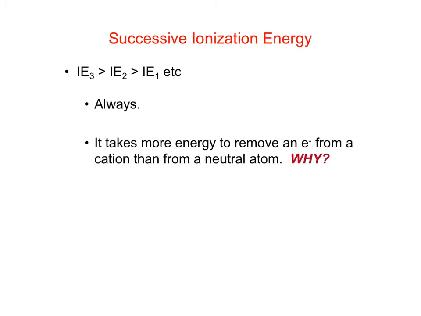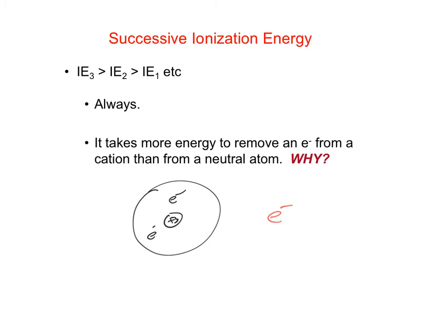So let's do something easy like lithium, something small. Lithium has a +3 charge in the nucleus, and then it has 3 electrons in the electron cloud. For the first ionization energy, when I'm pulling off one of these electrons, I'm separating a negative electron from what is effectively the ion that I'm leaving behind, which is a +1 ion.